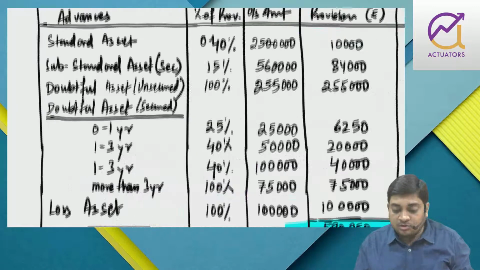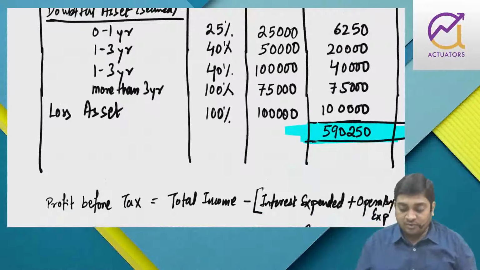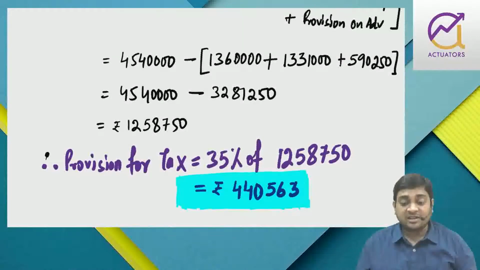So the provision on loans and advances is 590,250 and this is 440563.